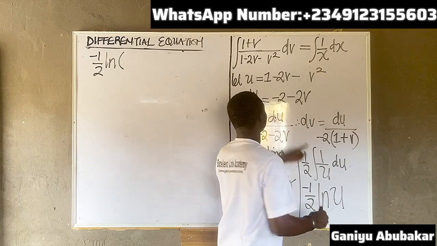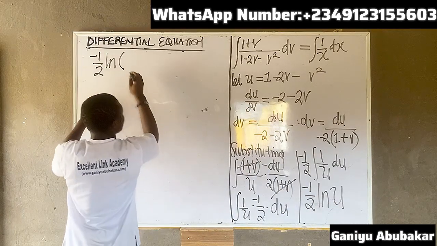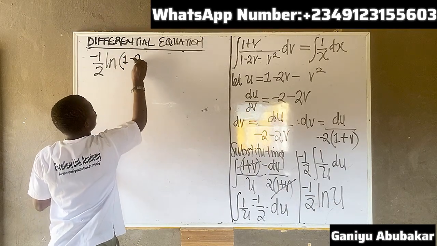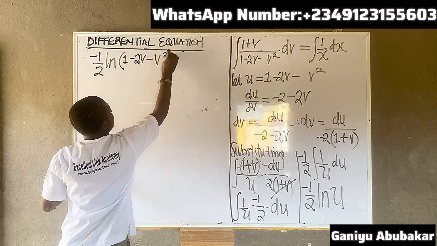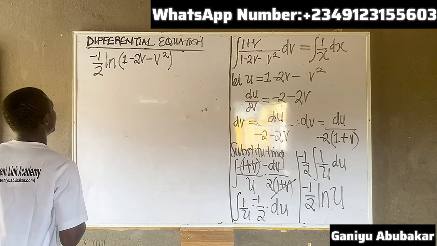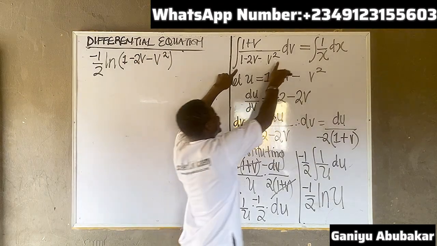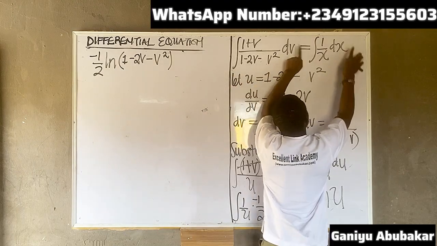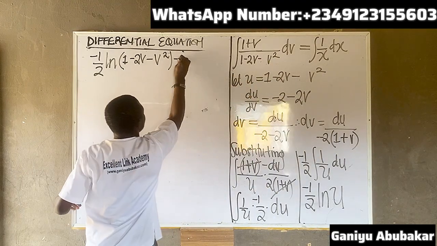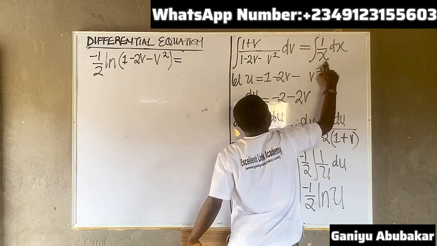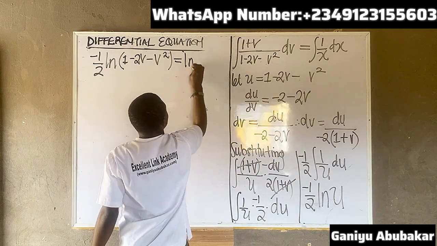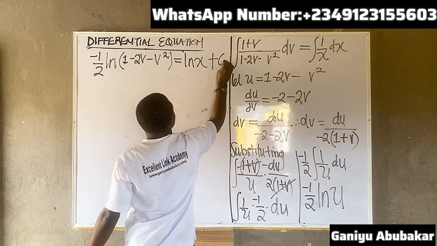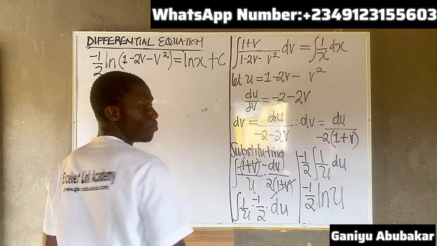We said u is this. That gives you 1 minus 2v minus v squared. That is u. All right, so after integrating this one alone, I have this answer. So bring up this one back. This gives you equals, integrate 1 over x with x. That gives you ln x, of course, plus c.